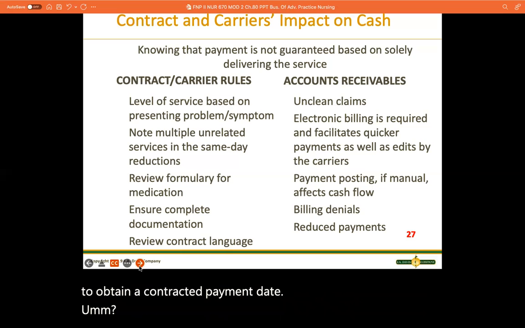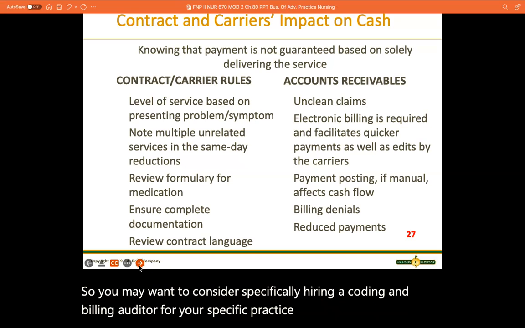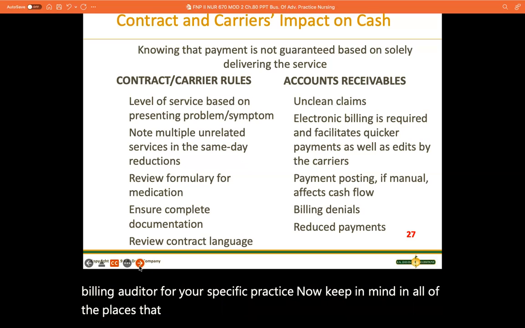So you may want to consider specifically hiring a coding and billing auditor for your specific practice. Now, keep in mind, in any of the places that I've ever worked, whether it was as an RN or an APRN, we have auditors.